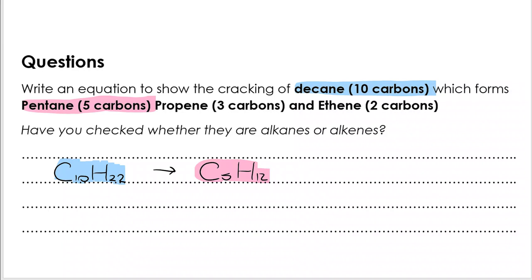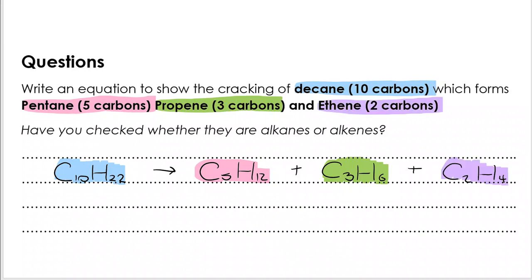We also know that we're making pentane, that's C5H12. We're making propene, C3H6. And remember, for alkenes the general formula is CnH2n. Double 3, you get 6. And finally, we're making ethene, so that would be C2H4.